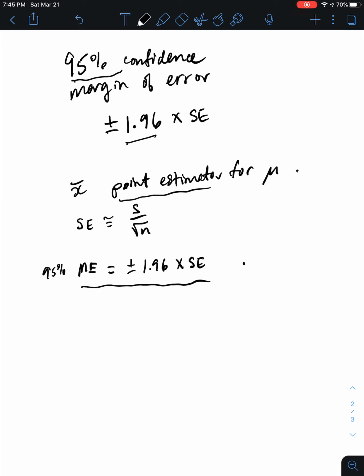Now, because the central limit theorem also applies to discrete distributions, we can do this also for discrete distributions. So in the discrete case, we have P, the population proportion of successes.